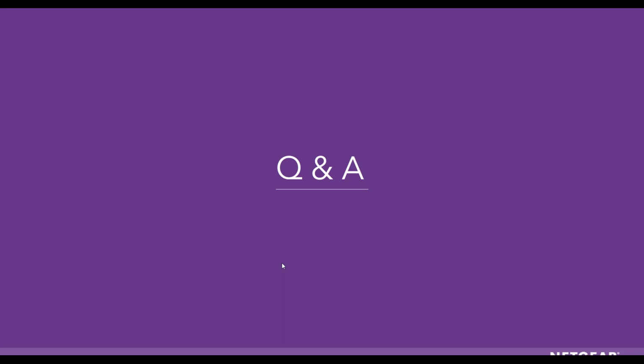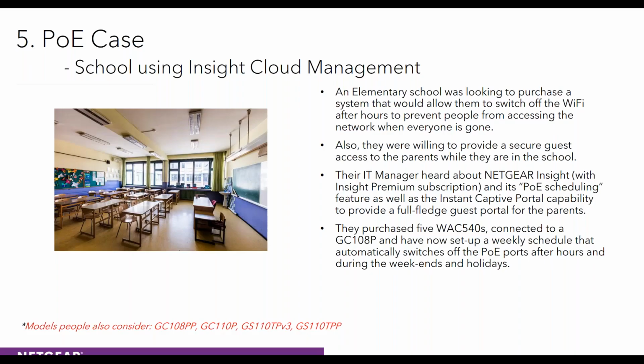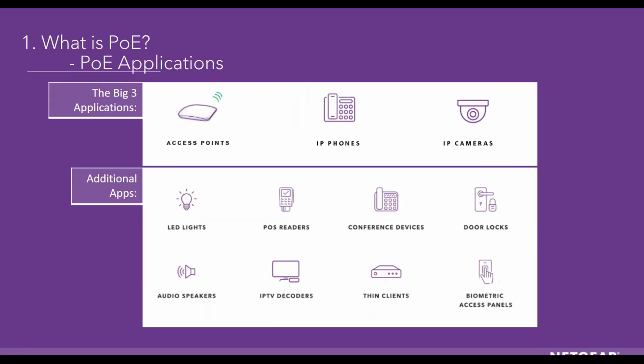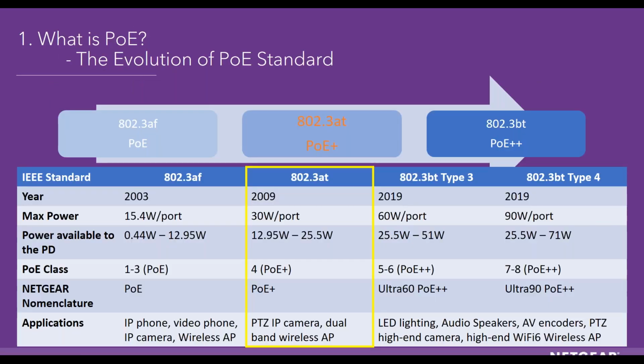At NETGEAR we call it PoE++. We have new products, as I showed up here. The 802.3bt Type 3 and Type 4 both fall in this PoE++ standard. Now we have the Ultra60 PoE++, which provides up to 60 watts per port.